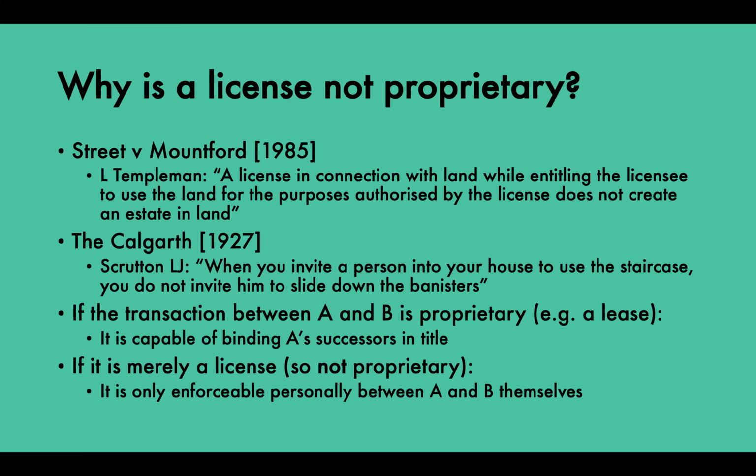We're going to look at this distinction between licenses and leases in the next video, so make sure you watch that one. But note that a lease, as it's proprietary, can bind successors entitled to the land, whereas a license cannot. A license is only enforceable between the parties to that license themselves.